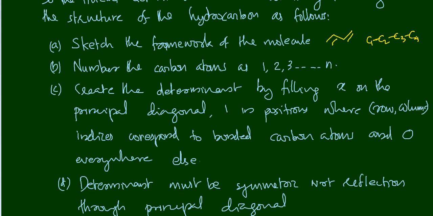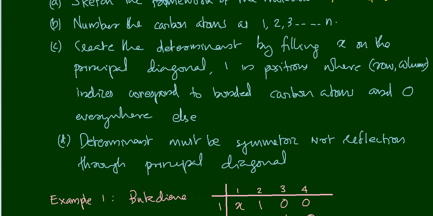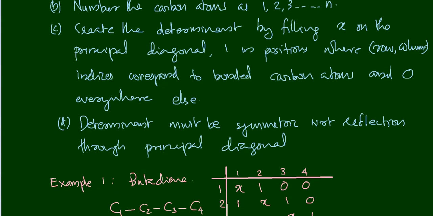And when you construct this determinant, you can check whether it is correct or not by looking at the symmetry. The determinant must be symmetric with respect to the reflection through the principal diagonal.